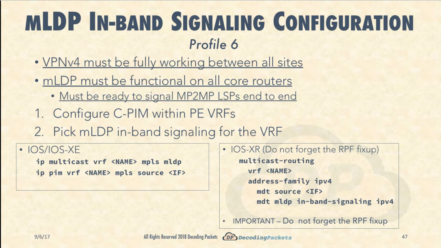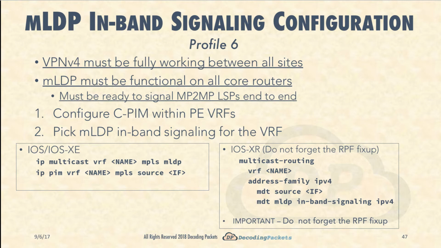That's the first command. And then you would issue the ip pim vrf mpls source command: the name of the VRF, and then what is going to be the source of these tunnels or point-to-multipoint LSPs.